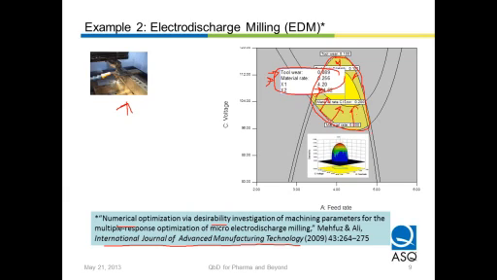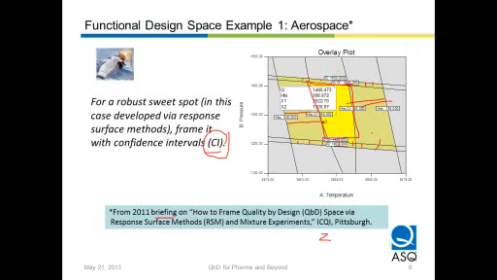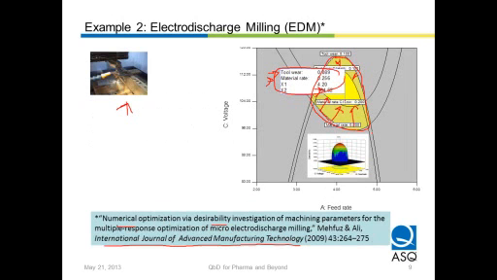And so these are just the two examples then that show you how we can frame the space and then fill in the frame with a confidence interval, one out of aerospace and the other from manufacturing, electrodischarge milling. So hopefully this gives you a picture of where we're going here.